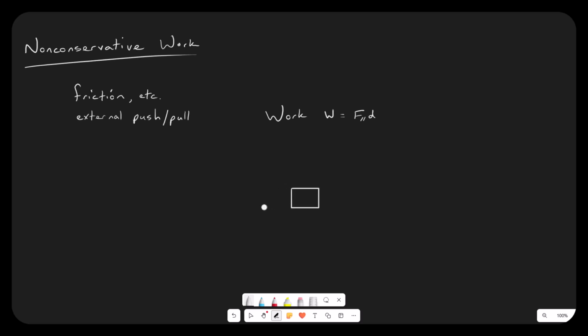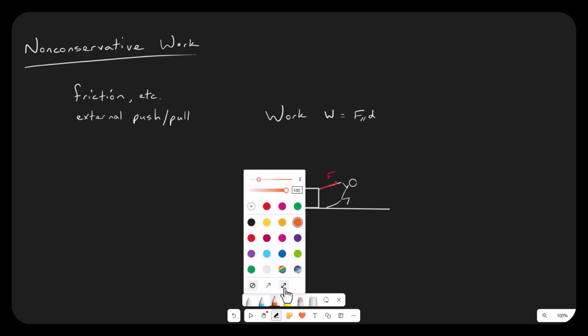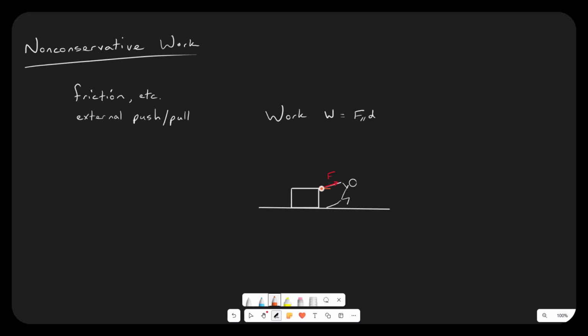If I have a block like this, and it's sitting on the ground, and I pull on that block with a force that points upward and to the right, not all of that pull is helping me out. Some of that pull is going into forward motion, and some of that pull is vertical.